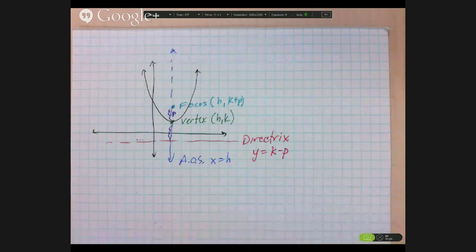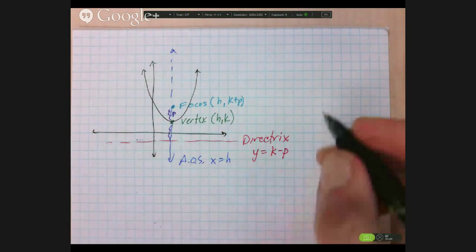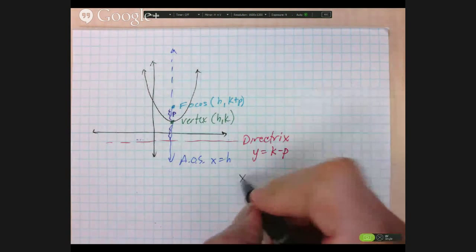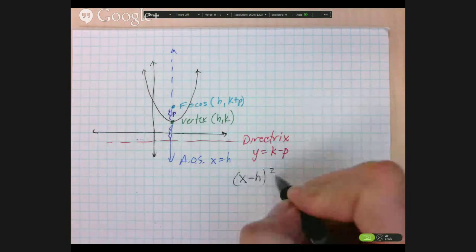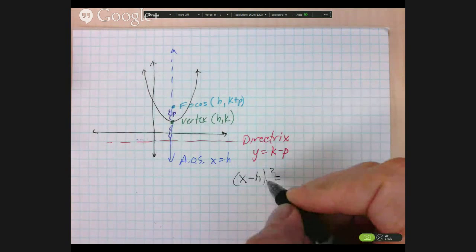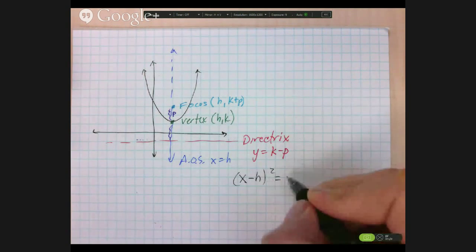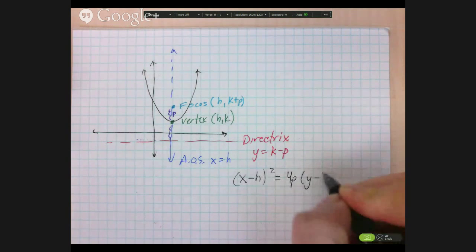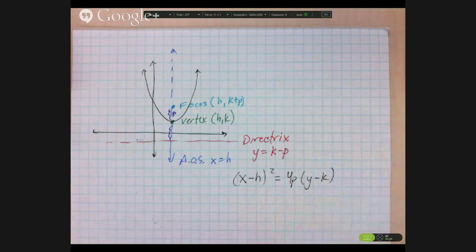Pretty much got it. The equation. Yep, the x is squared, or 4p times y minus k.